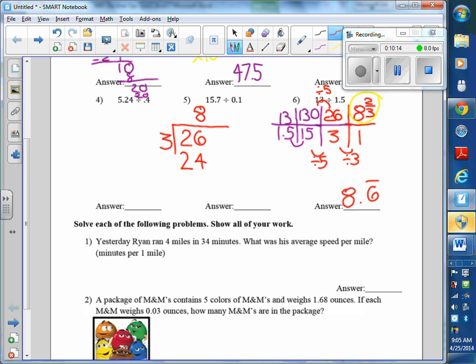And when you subtract, instead of doing the 2/3, you could put a decimal and then bring that 0 down. 3 goes into 26 times, right? 6 times 3 is 18.